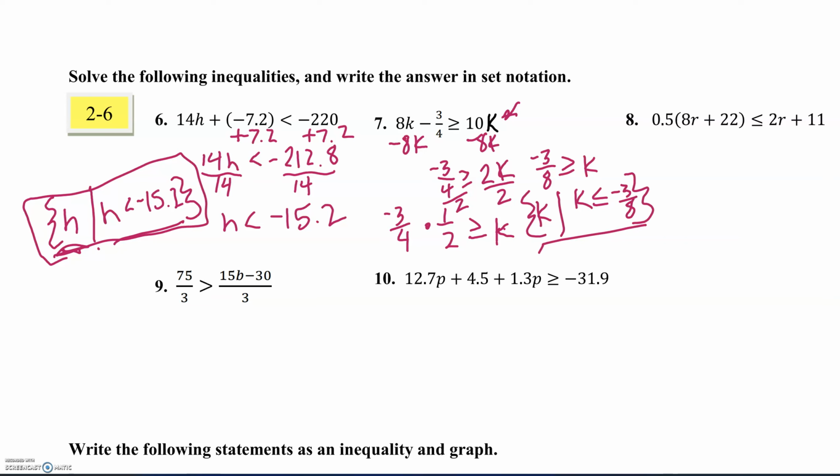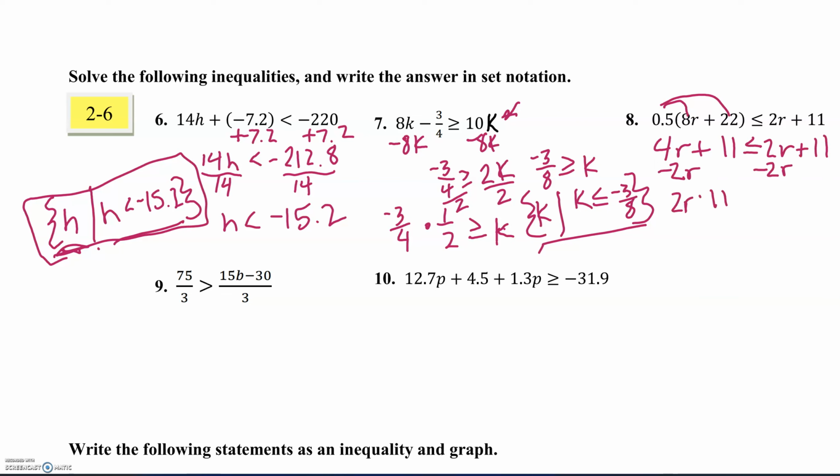Number 8, still solving each inequality and writing our answer in set notation. I'm going to start by distributing this decimal. 0.5 times 8 is 4r. 0.5 times 22 is positive 11. We'll start solving, so I'm going to subtract 2r to get all the variables on one side.